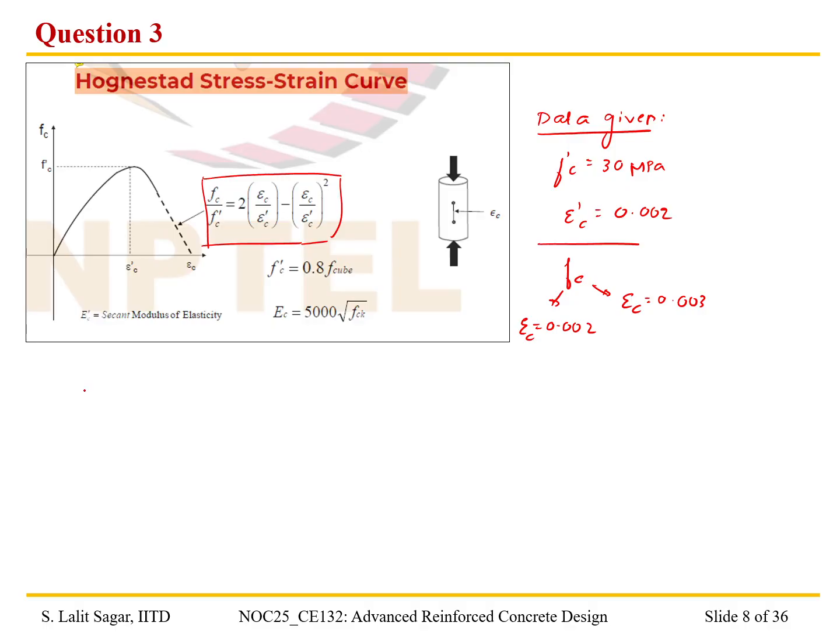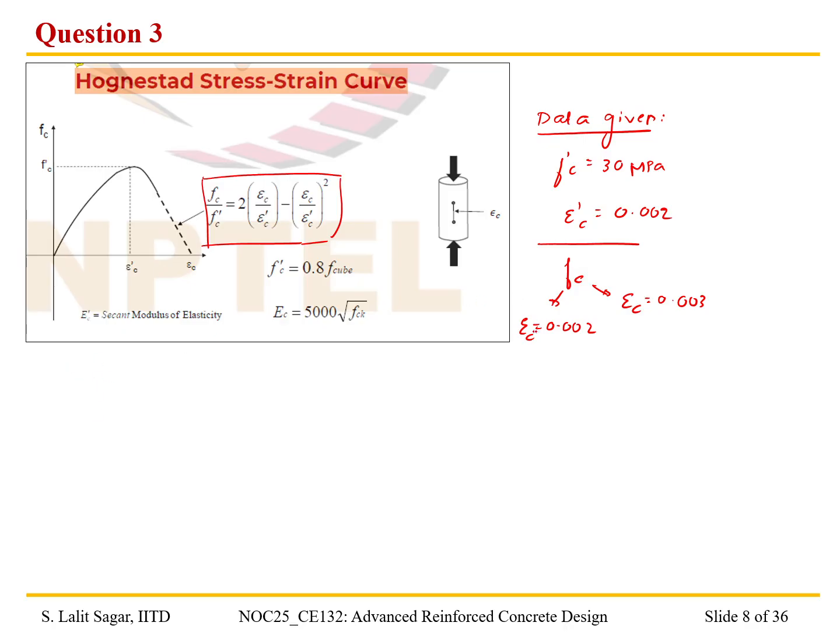Let us pause and see this value. Here epsilon C is 0.002 and epsilon prime C is equal to 0.002. So basically the ratio of these two terms is going to be nothing but 1, which makes the solution very simple.